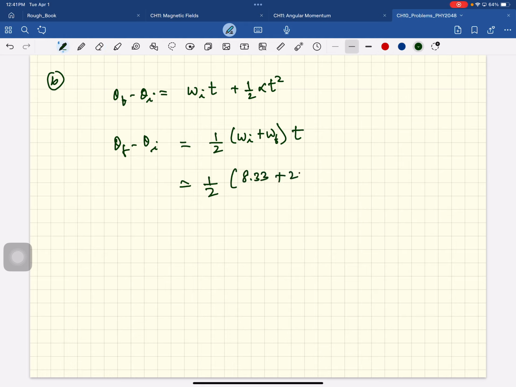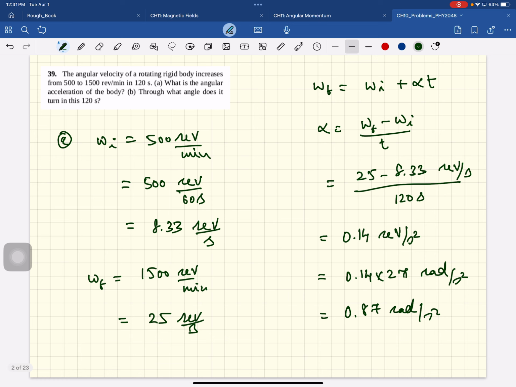8.33 plus 25 revolutions per second times 120 seconds. So it gives you the angle it's rotated through in revolutions.